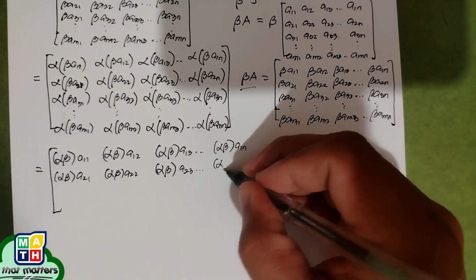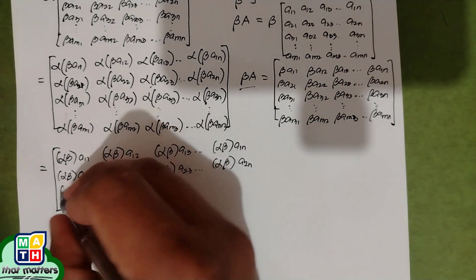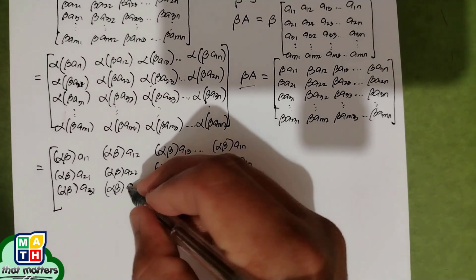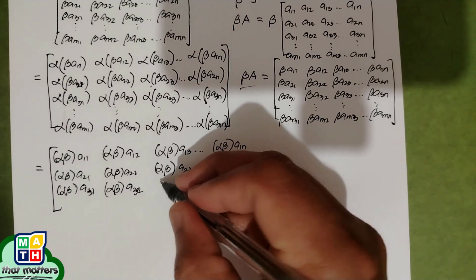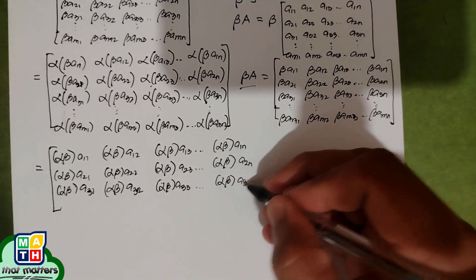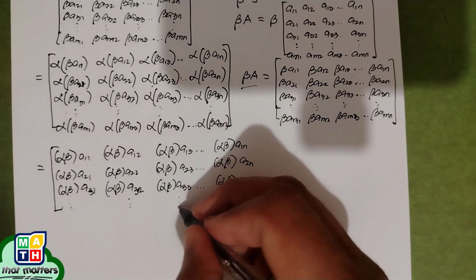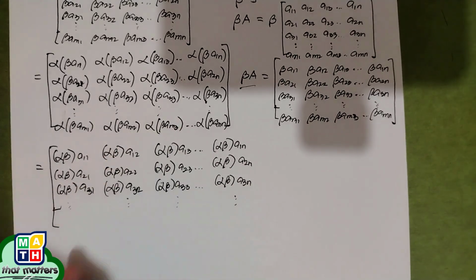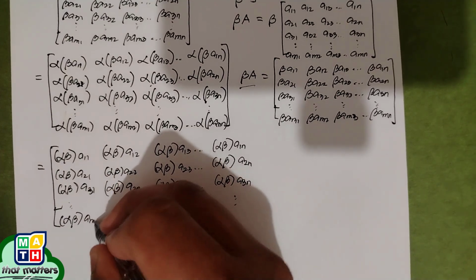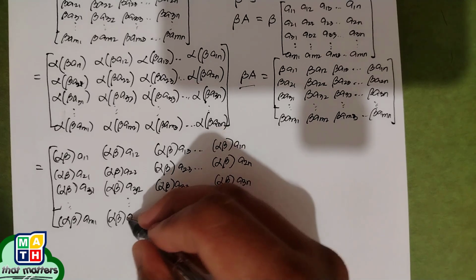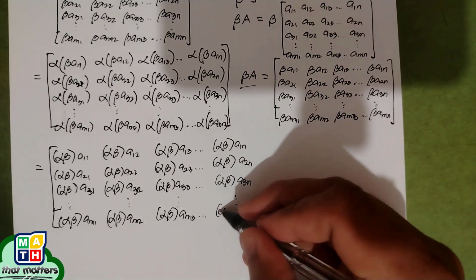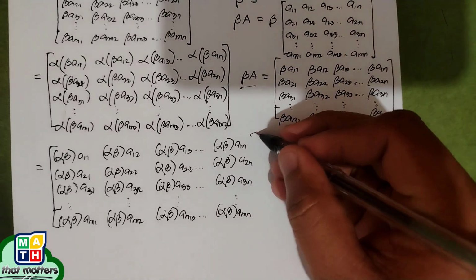A23, dot dot dot, alpha beta A2n, alpha beta A31, that's 3, alpha beta A32, alpha beta A33, alpha beta A3n. That, and then to the mth row. Sorry for that again, I was not able to really estimate it properly. Alpha beta Am1, alpha beta Am2, alpha beta Am3, alpha beta Amn.